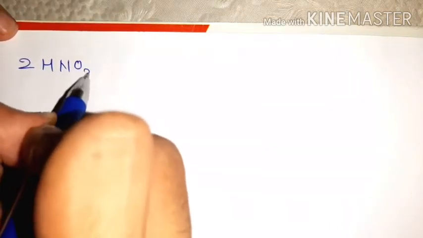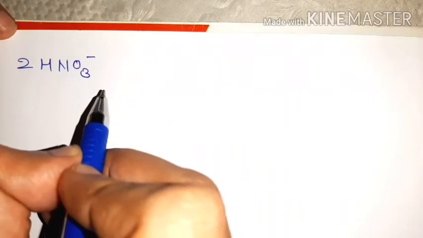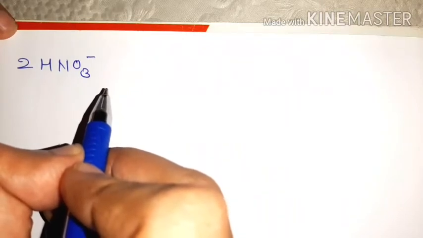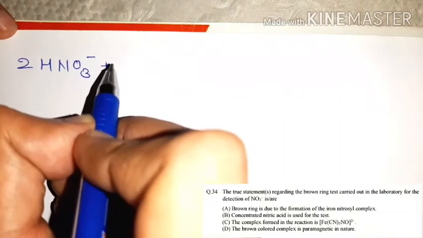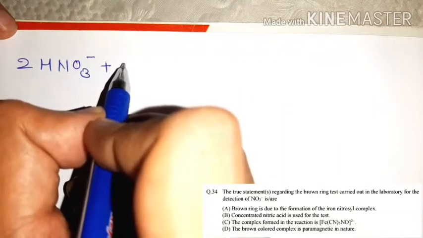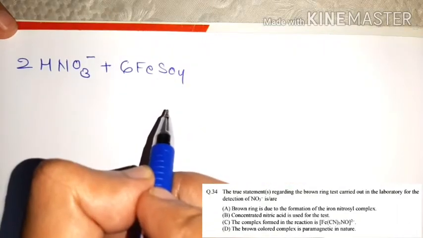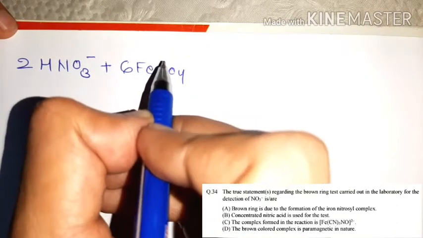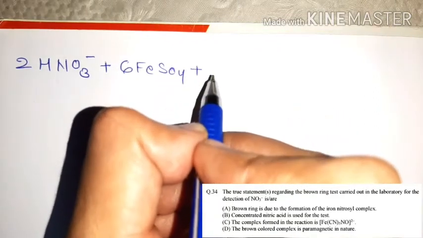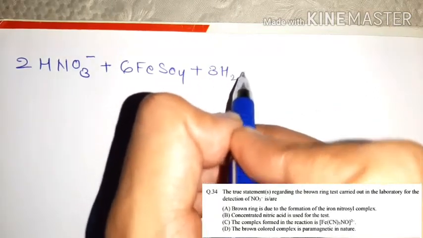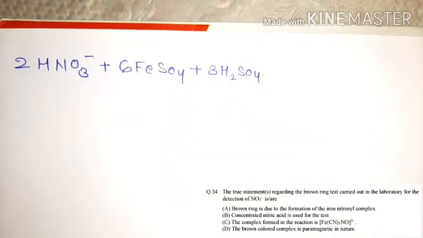Now we can write all these processes in the form of a chemical reaction. See, we have a nitrate ion, that is NO3 minus, in a solution. Here we add FeSO4, that is iron sulfate. Here iron is in plus 2 oxidation state, and slowly we add the H2SO4 acid on the walls of the test tube.